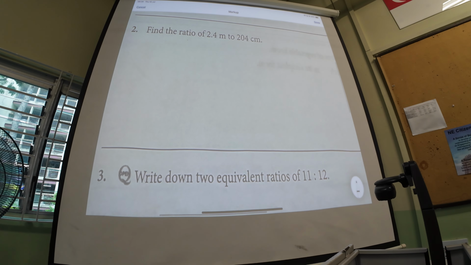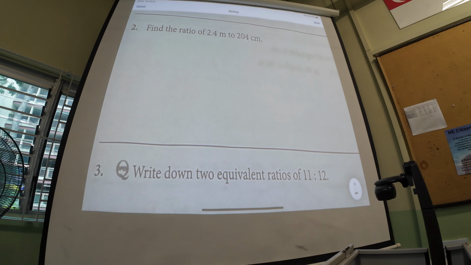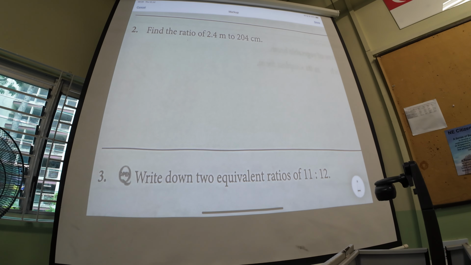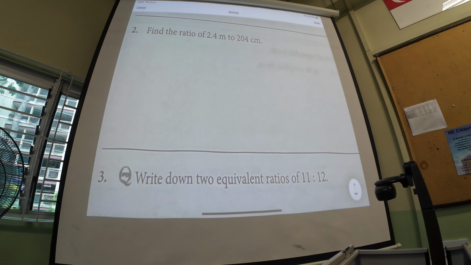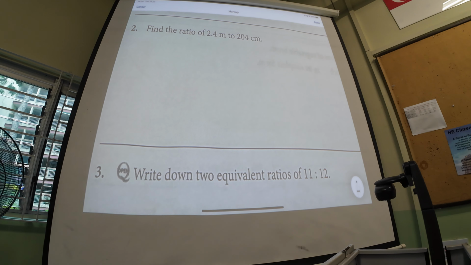Okay, then let us look at question 2. It reminded me of the example I gave yesterday between kilometer and meter.